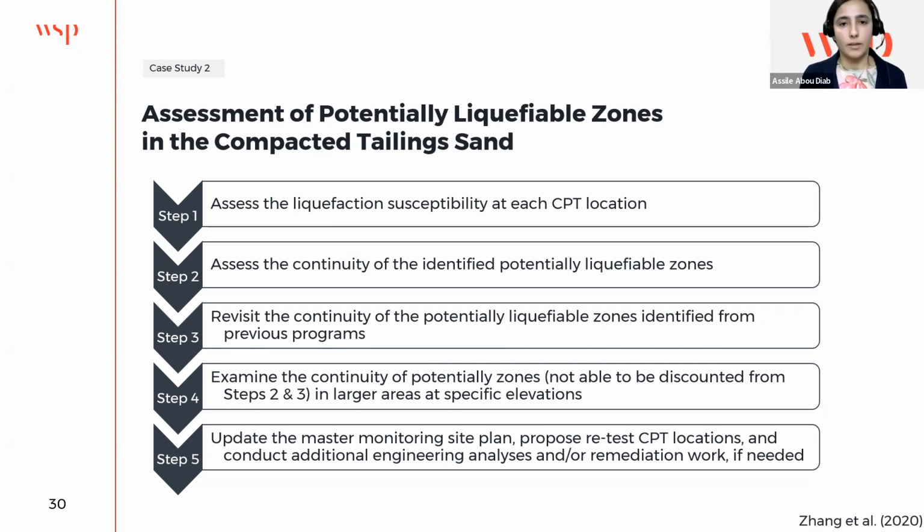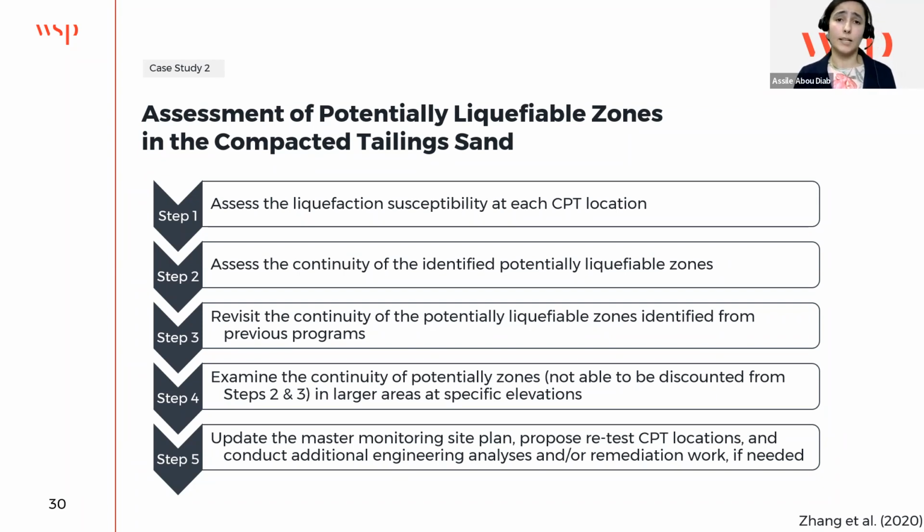After doing steps 1 to 3, there may still be potential liquefiable sand that extends over a considerable zone. Then we would examine the continuity of the potential liquefiable zones on larger areas. So now we widen our area and check the continuity of the potential liquefiable sand layers on a larger area.